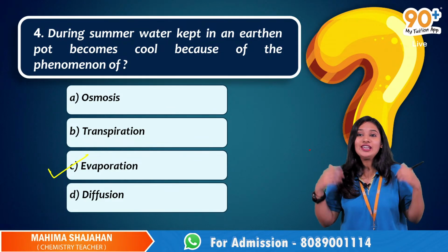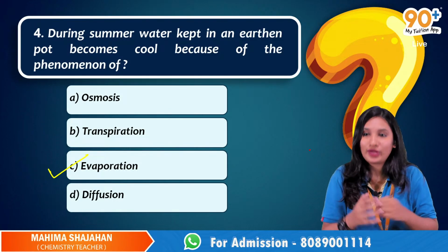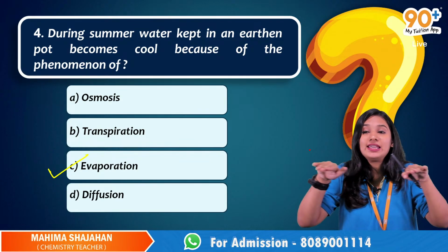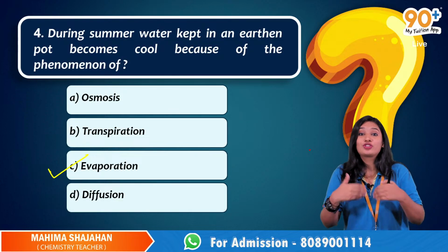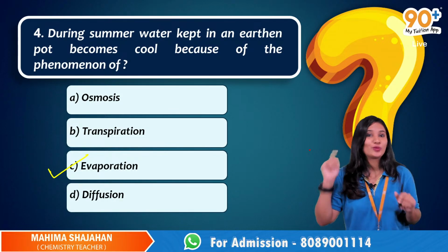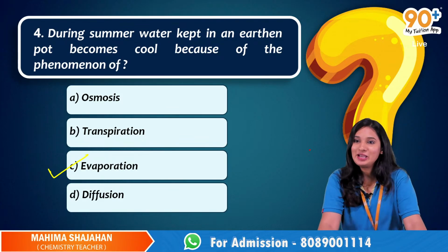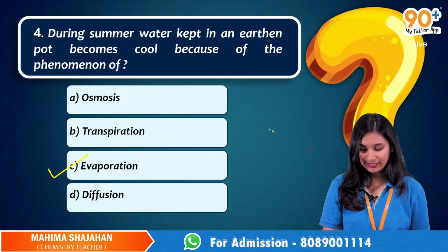It absorbs energy from our surroundings as it evaporates. So when they absorb energy, they make the nearby surroundings cool. Evaporation causes cooling. So which is the phenomenon? It is evaporation. Is it clear? Alright, perfect. Now, let's see the next question.